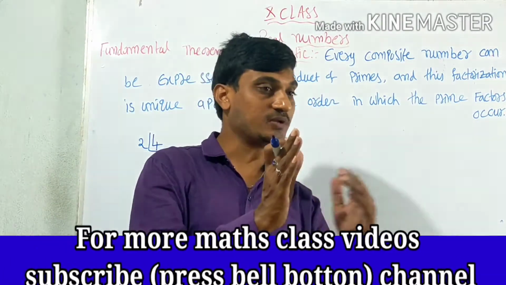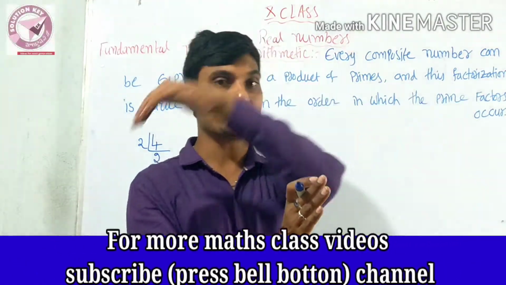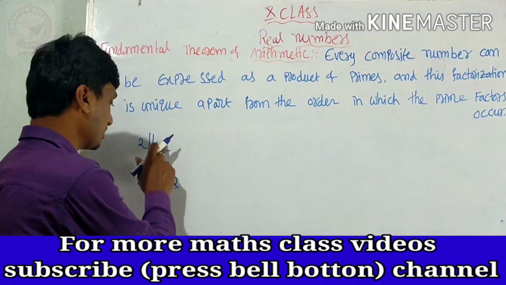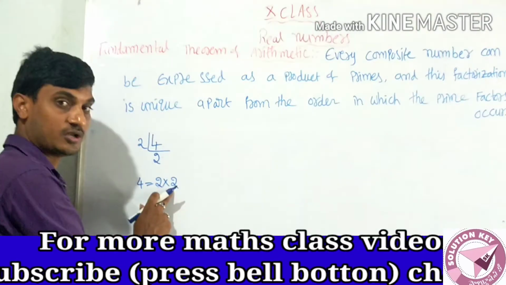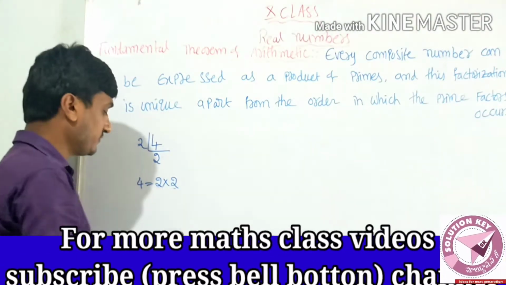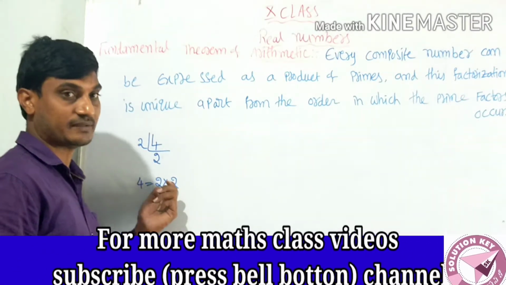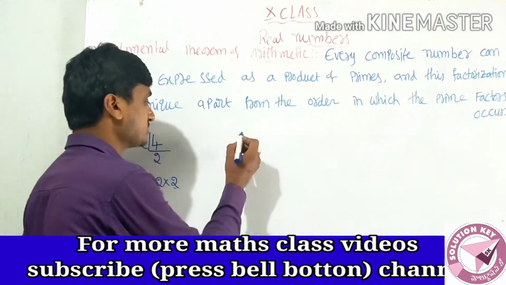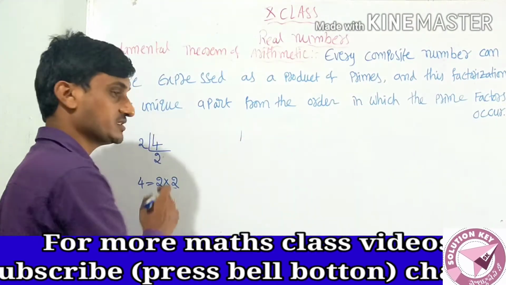Otherwise, you take any product of primes, then you will get a composite number. See here, I take the composite number and you get the product of prime numbers. If you get 2 into 2 as a product of primes, you get a composite number.